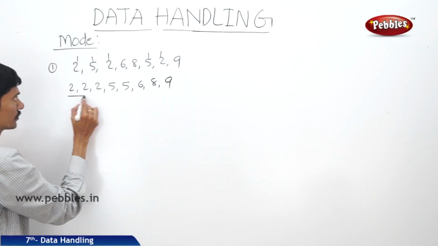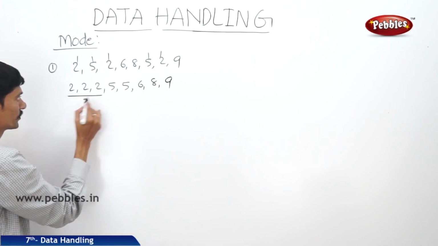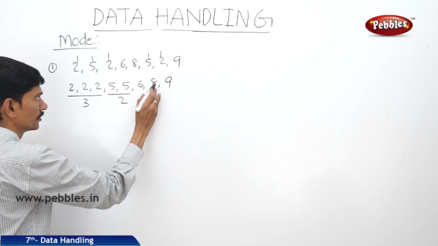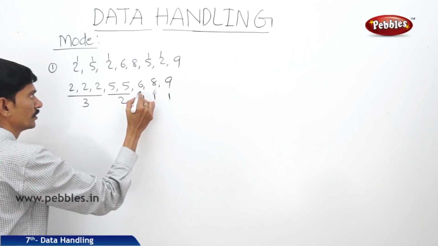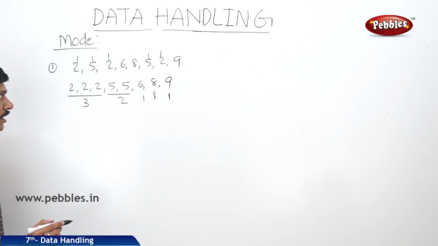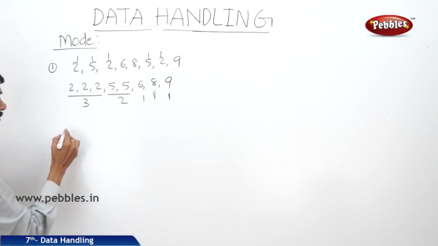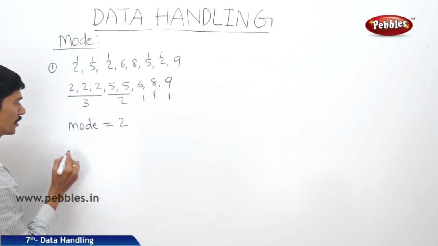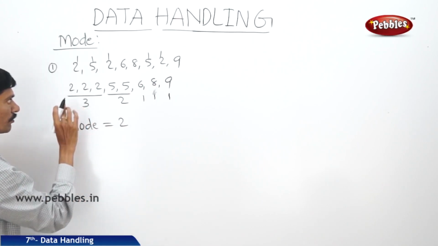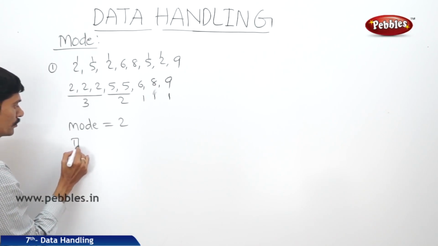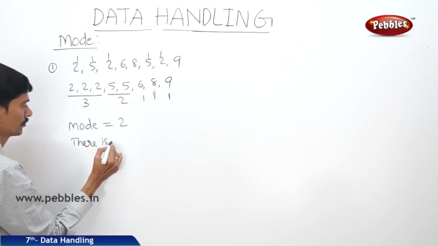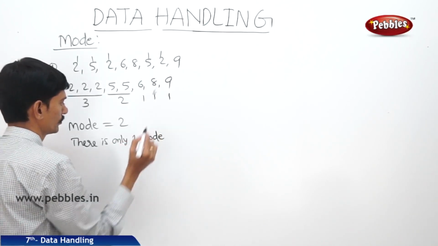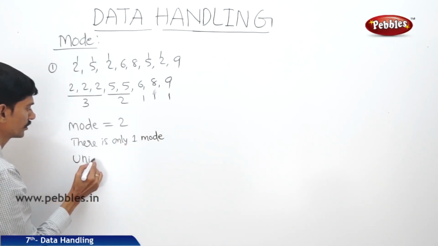So 2 is occurring 3 times, 5 is occurring 2 times, and 6, 8 and 9 once each. So the most frequently occurring value is 2. So the mode of the given data is 2. Now this is called unimodal data, as there is only one mode.